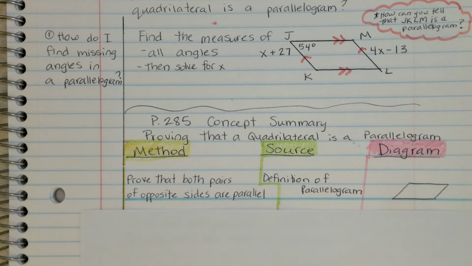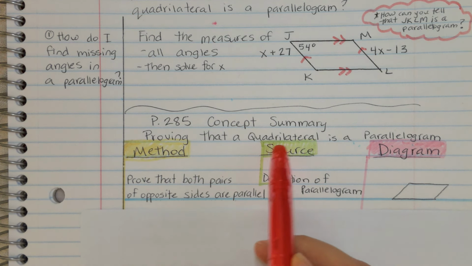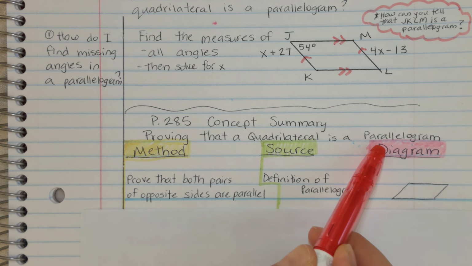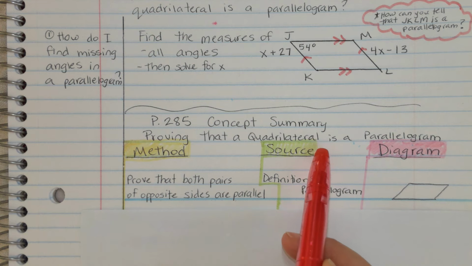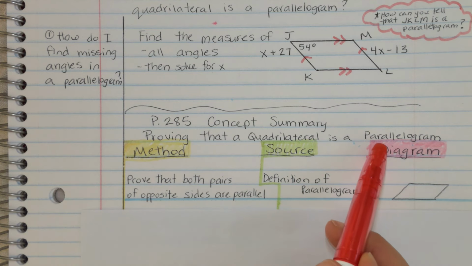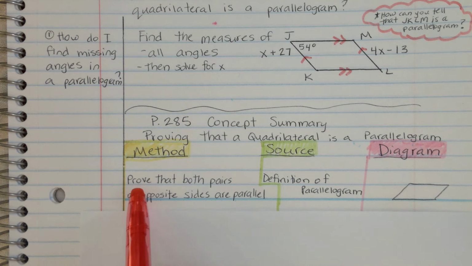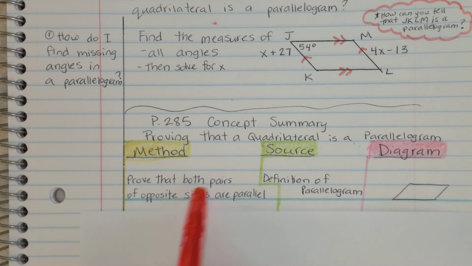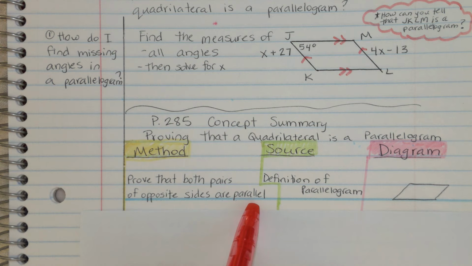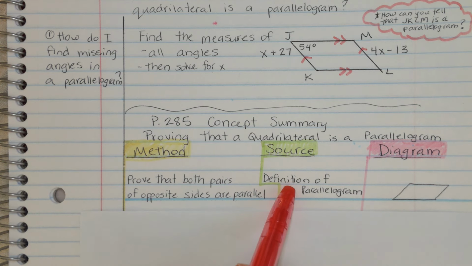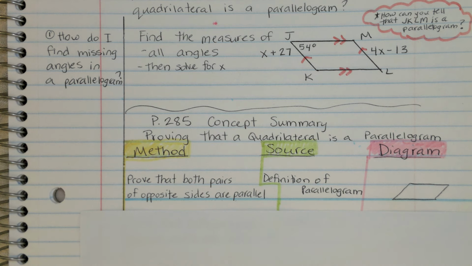Again, this is page 285, proving that a quadrilateral is a parallelogram. If you have a quadrilateral, it may or may not be a parallelogram. It's a parallelogram if, this is one way, you can prove that both pairs of opposite sides are parallel. That's based on the definition of parallelogram. There are a lot of different ways you could prove this.